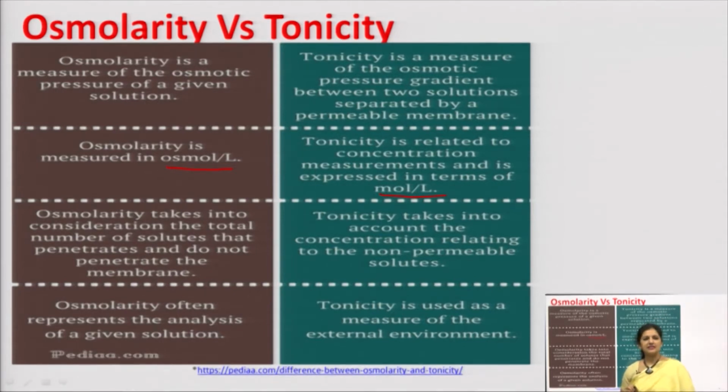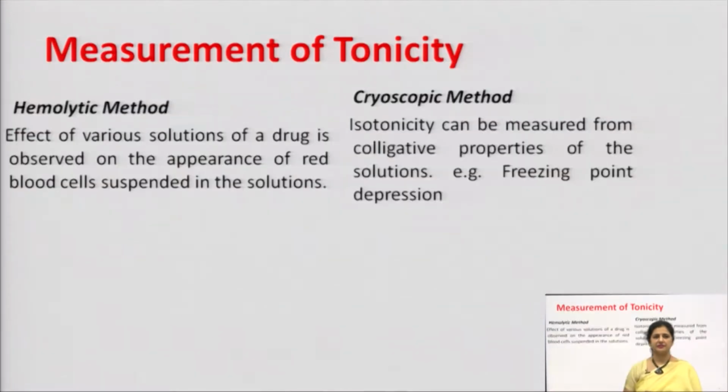Osmolarity takes into consideration the total number of solutes, whether they penetrate or not. All are considered in osmolarity. Whereas tonicity takes into account the concentration relating just to the non-permeable solute. One more difference is that osmolarity often represents the analysis of a given solution, whereas tonicity is used as a measure of the external environment.